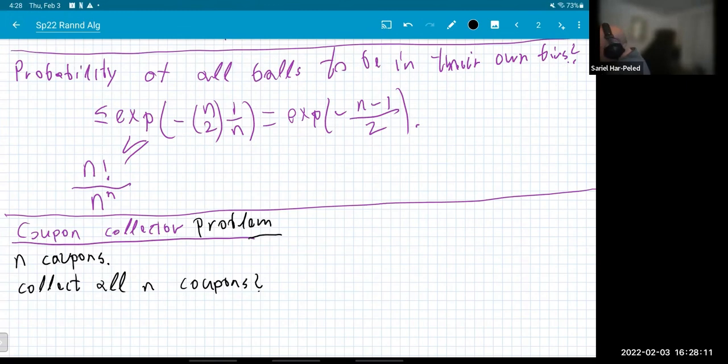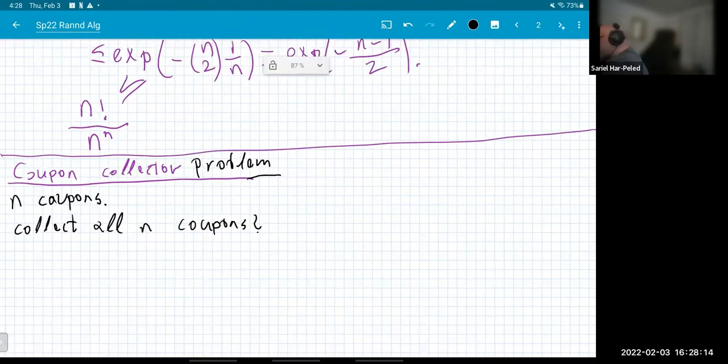One of the reasons why this problem is nice is the analysis is simple but clever.